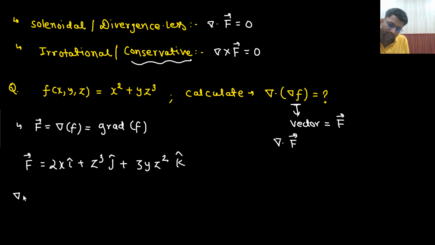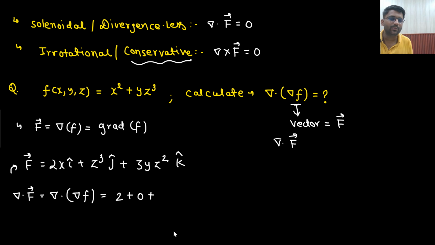Next, what you are supposed to calculate? You are supposed to calculate del dot f, which is coming out to be del dot del f. What is the meaning of del dot f? So partial differentiation of this function with respect to x, 2, plus partial differentiation of this function with respect to y, 0.